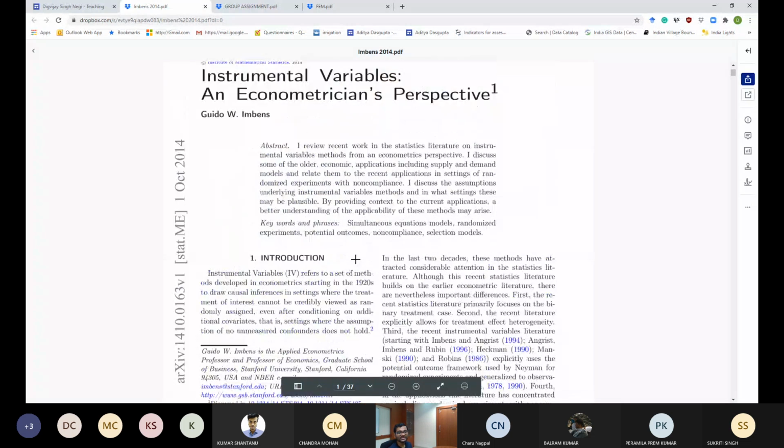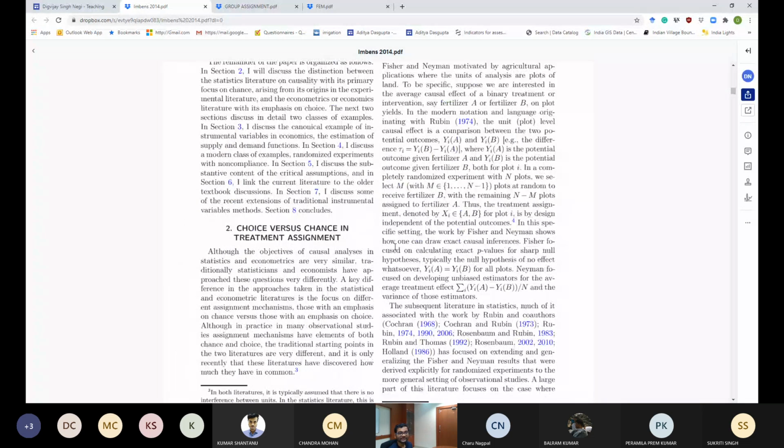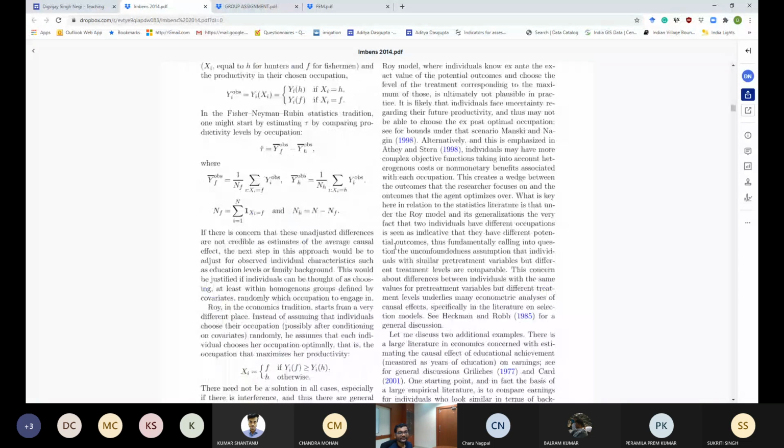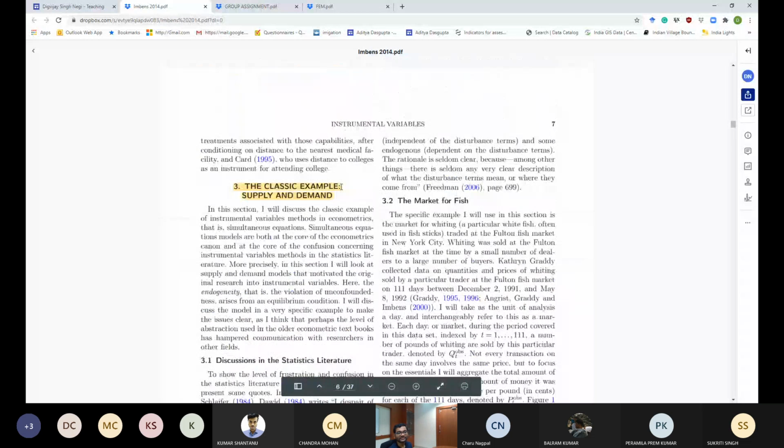What you have to do is go to section 3 of this paper, the classic example, supply and demand. Section 3 of this paper talks about the demand supply example that we discussed.